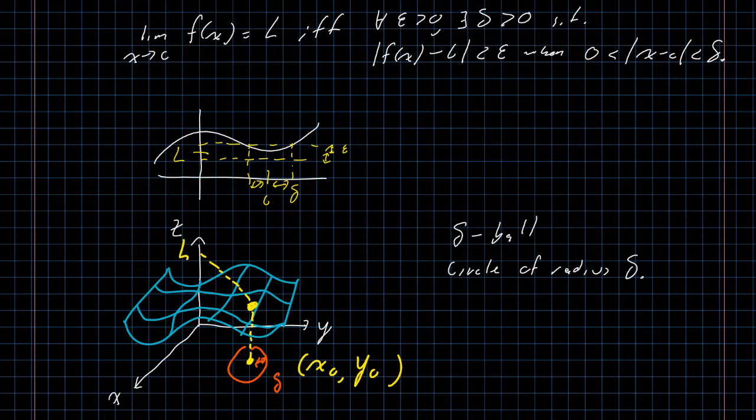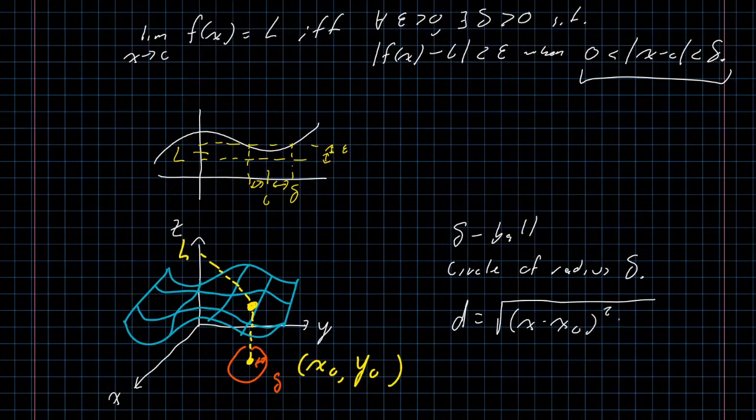All right, so we have this circle of radius delta, and we want the distance from our point x naught, y naught to fall somewhere inside this circle. So using the distance formula, distance is given as the square root of x minus x naught squared plus y minus y naught squared.